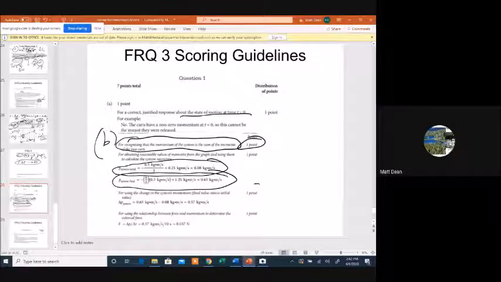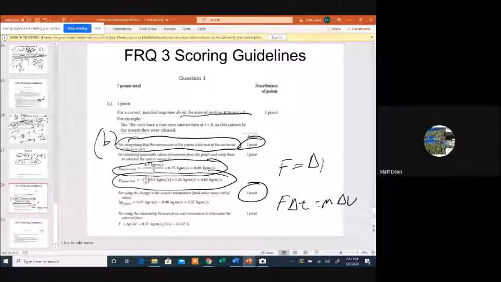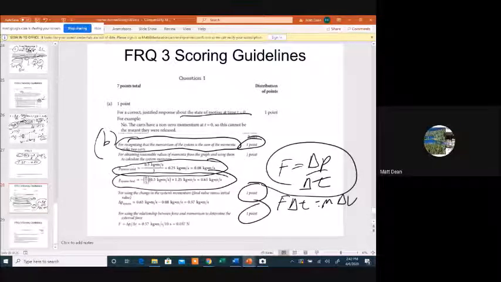Another point for calculating the change in momentum. And finally, the last point for using F delta T equals M delta V, or F equals delta P over T, to calculate the force. Notice they got 0.057. I got 0.055. They're going to give you quite a bit of wiggle room in your numbers for rounding.